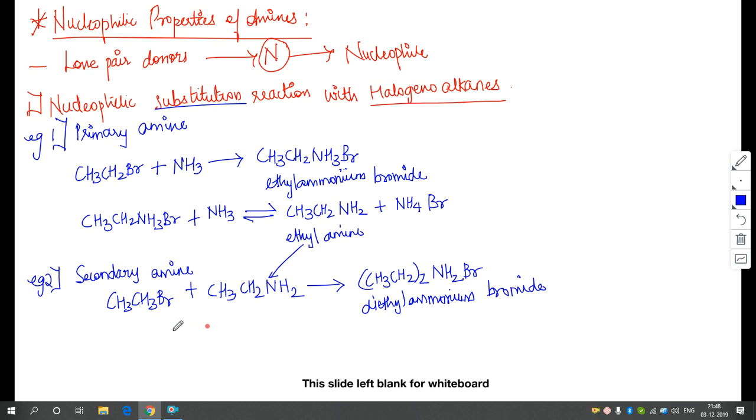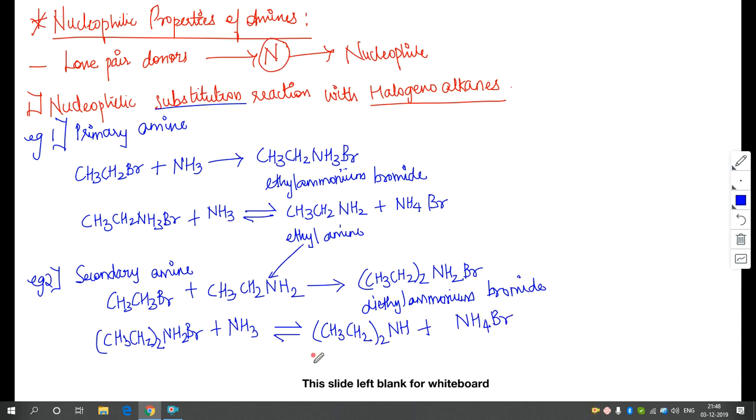Again, using the same salt with ammonia, let us form the secondary amine: (CH3CH2)2NH2Br plus NH3 giving me (CH3CH2)2NH plus NH4Br.